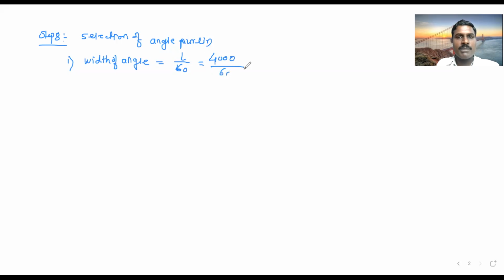So 4,000 divided by 60. So how much is it? 66.67. So we can assume this is 70 mm.